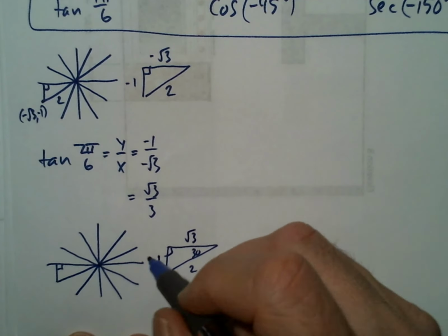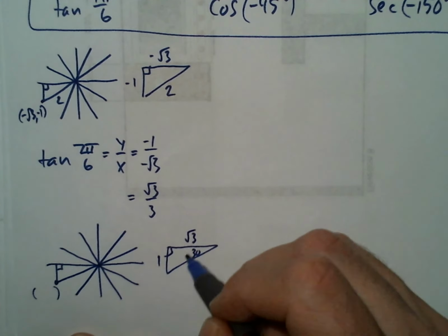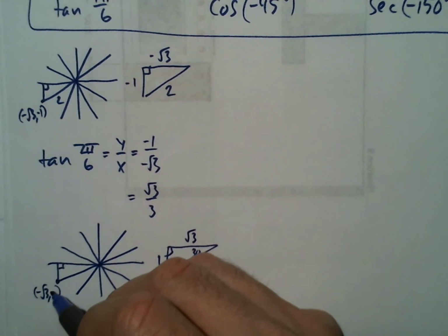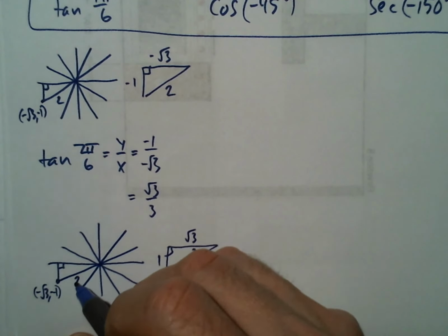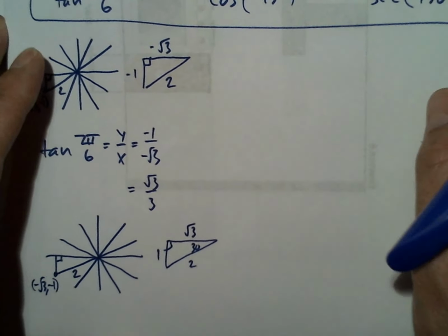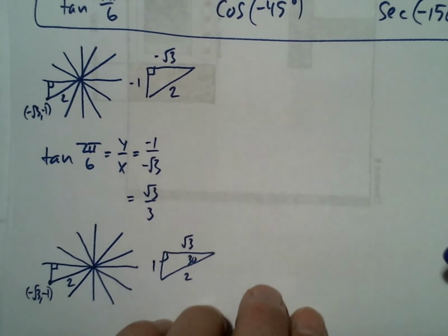Then when we put these lengths over here for the coordinate, we know we went left for the radical 3, left would give us a negative, down gives us a negative. So we found the x, the y, and we see that the radius is 2. We can also do that using the unit circle, but we're not going to do it that way.